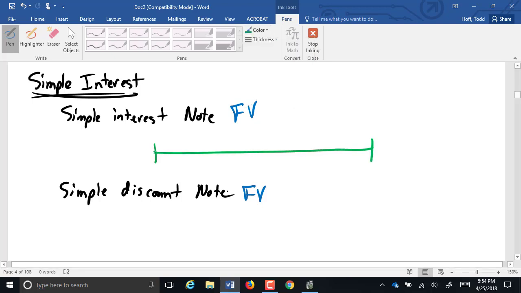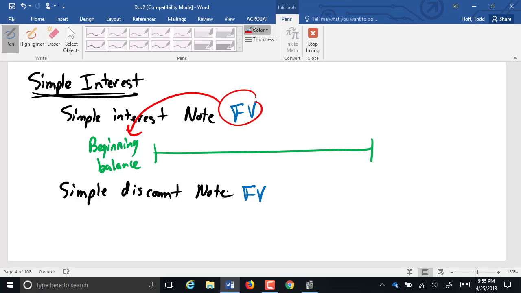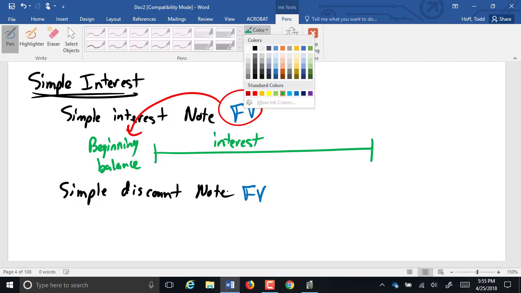So the present value, the starting amount, or we would call it the beginning balance, for a simple interest note, that face value is that beginning balance. In between there, then, interest is charged to give us an ending balance.